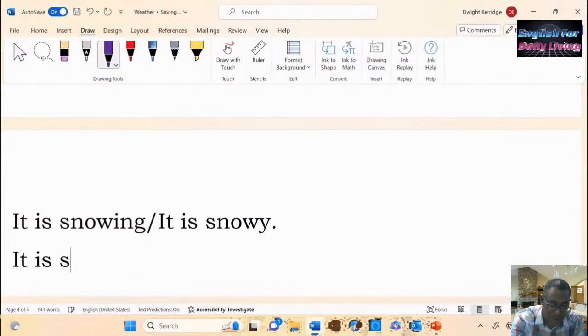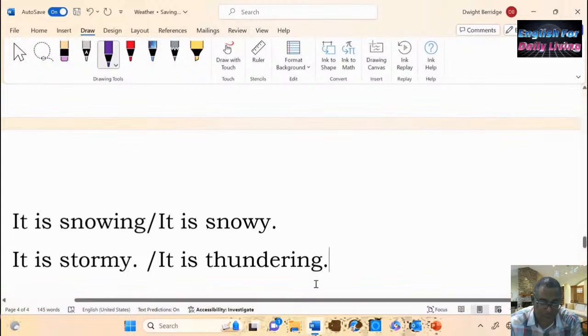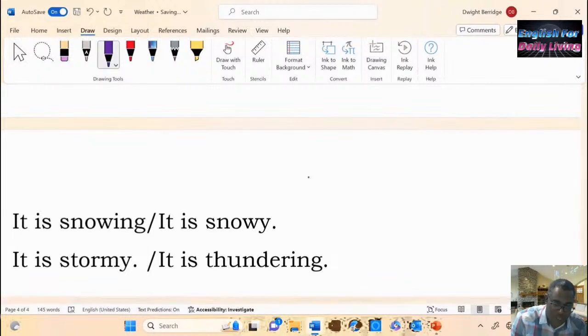It is stormy, stormy weather. Or it is thundering. Some folks say it is thundering, thundering. Okay. All right.